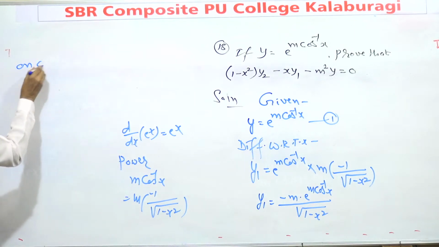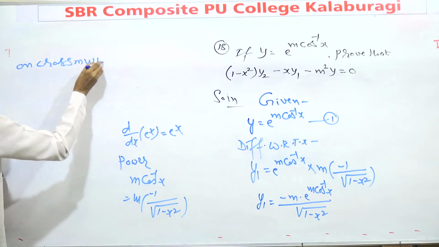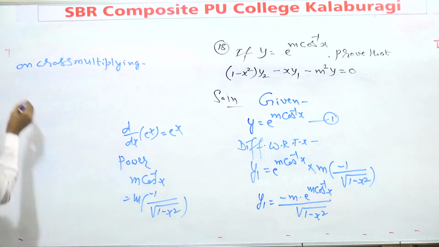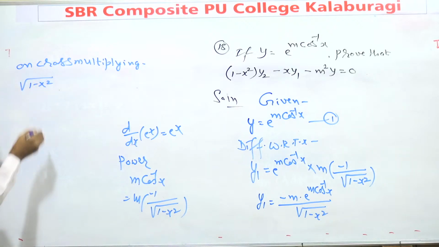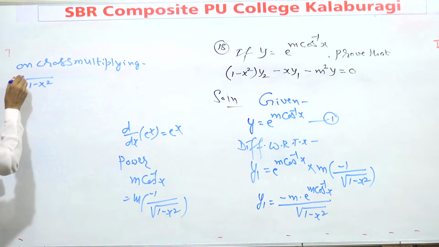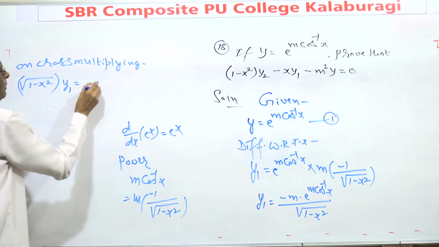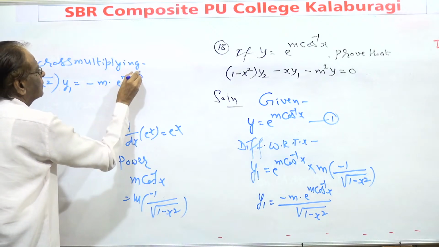On cross multiplying, root of 1 minus x square into y1 equal to minus m e to the power m cos inverse x.